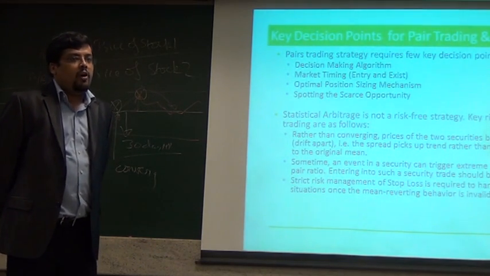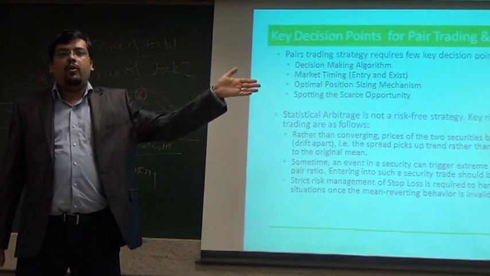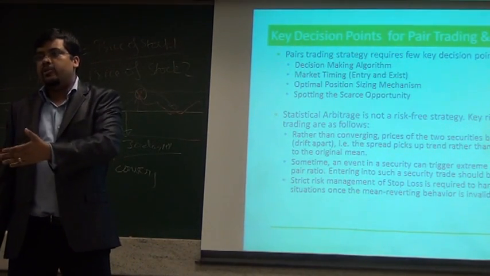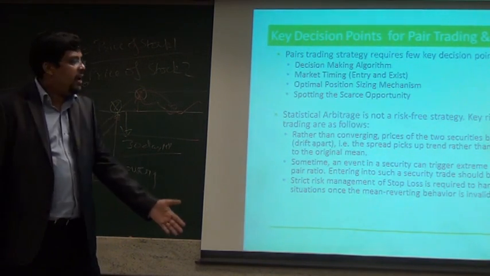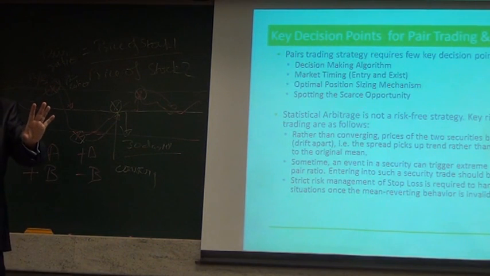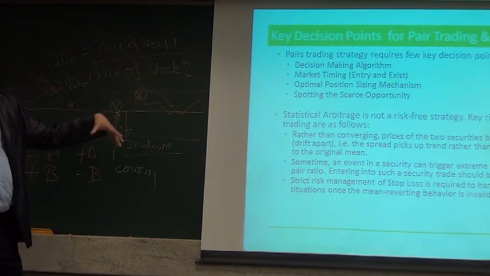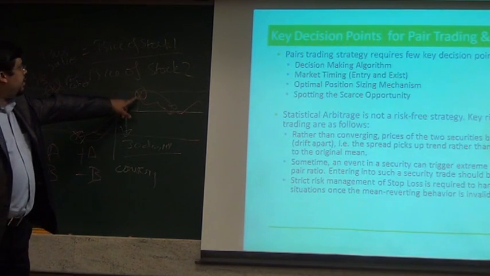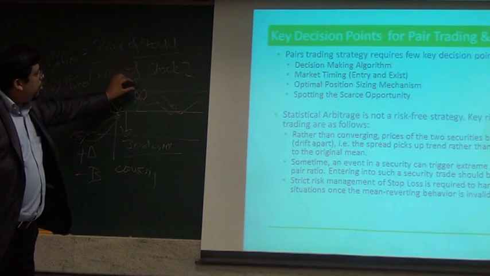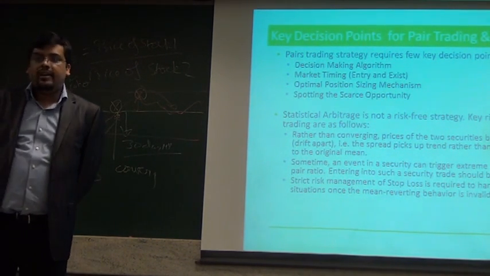In our case we will be looking at whether the pair is co-integrated. I am assuming you know about co-integration, right? Maybe I'll discuss it a little more, but it is a property through which the ratio has a capability to come back to its mean. So that is co-integration.